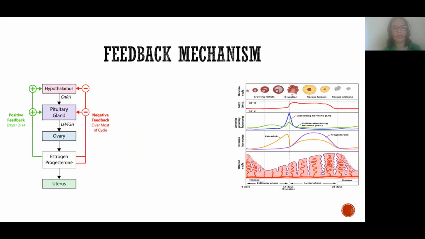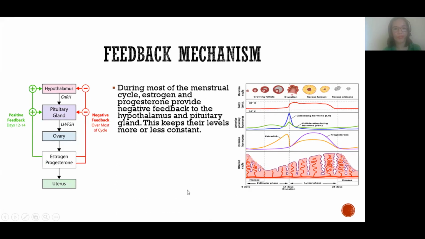So this is what I'm telling: the level of hormones on the ovulation day, which hormones are at their peak, that's about positive feedback, and the hormones that remain constant all throughout the cycle, that's actually the negative feedback.